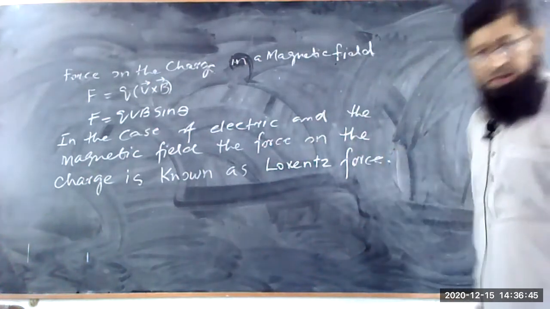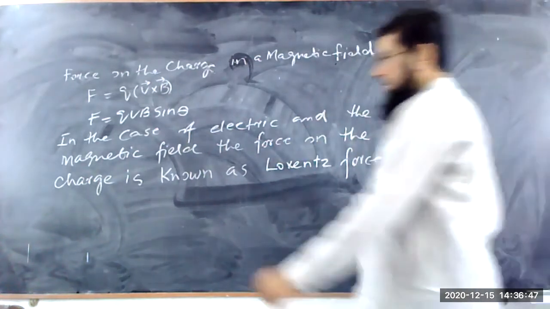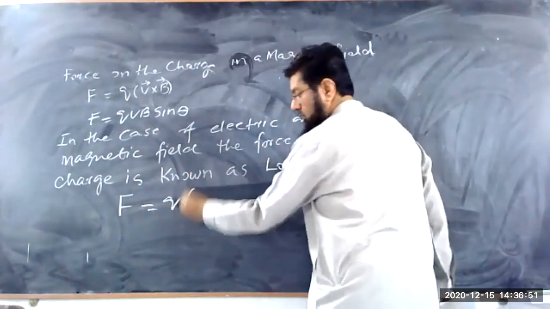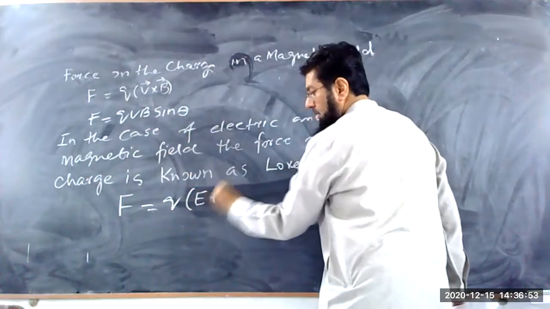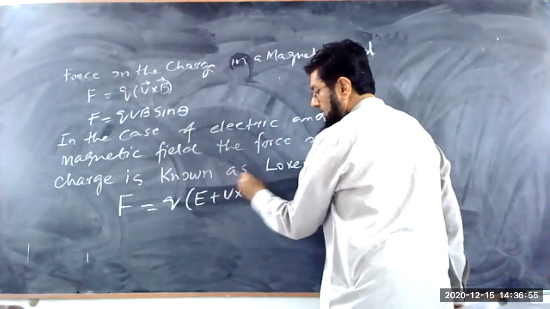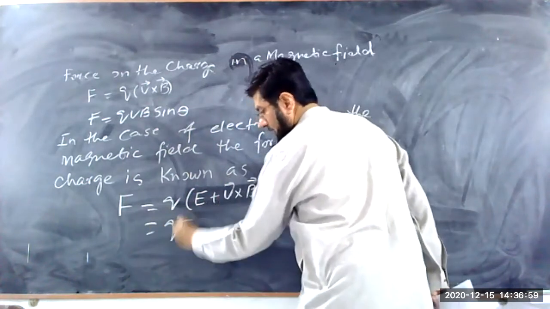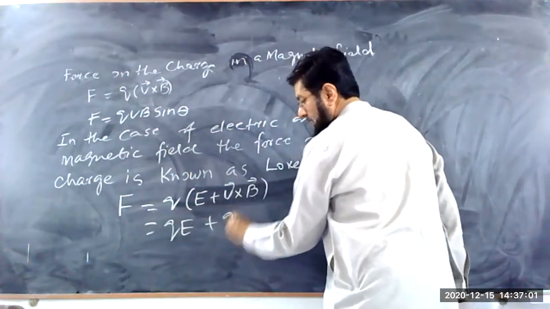This Lorentz force F is equal to q (E + v × B), the magnitude of the charge times E plus v cross B. So the Lorentz force F is the sum of the electric force plus the magnetic force.